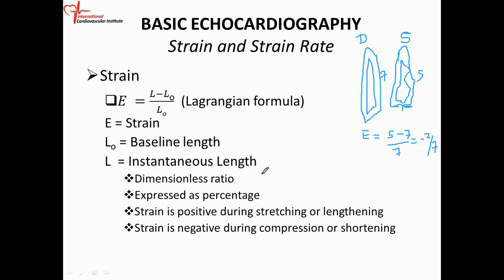For longitudinal strain, it's a negative number. However, we have radial and circumferential strain, where the muscle of the heart in systole thickens. So if you talk about radial strain, your baseline length is going to be less than your instantaneous length, so it's going to be a positive number. But for clinical practice, we report mainly on longitudinal strain.